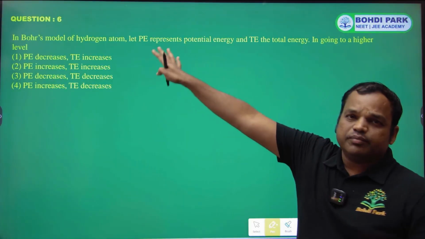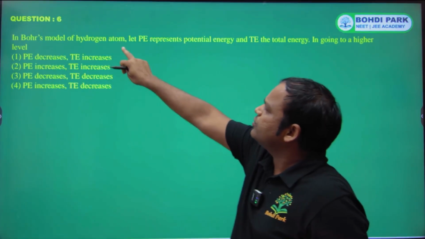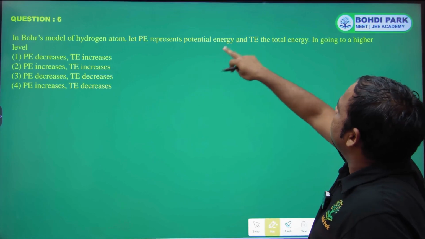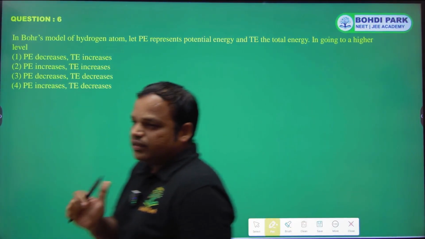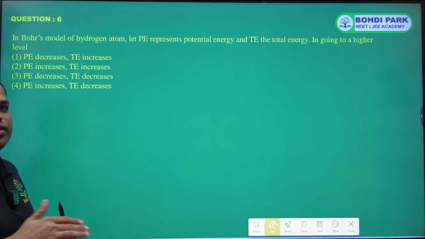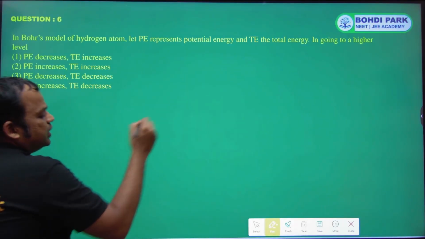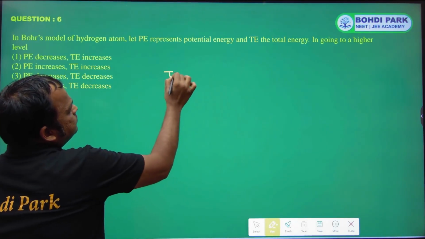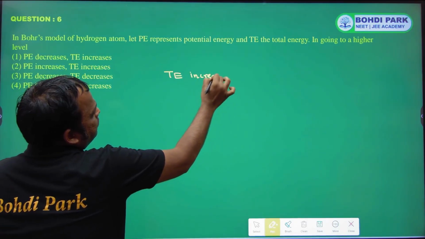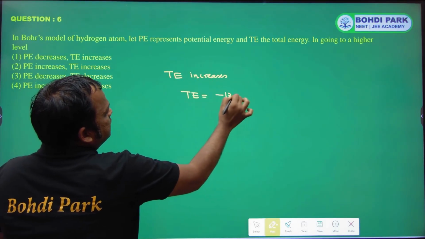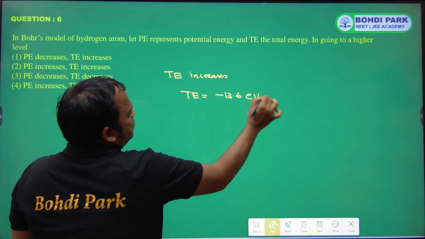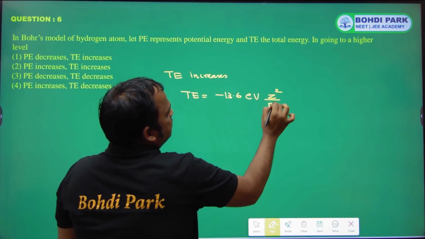Next, now look at question number 6. We have Bohr model of hydrogen atom. Potential energy and total energy in going to higher level. So as electron moves from low level to higher level, total energy increases, because we have formula for total energy is equal to minus 13.6 electron volt into Z square by n square.